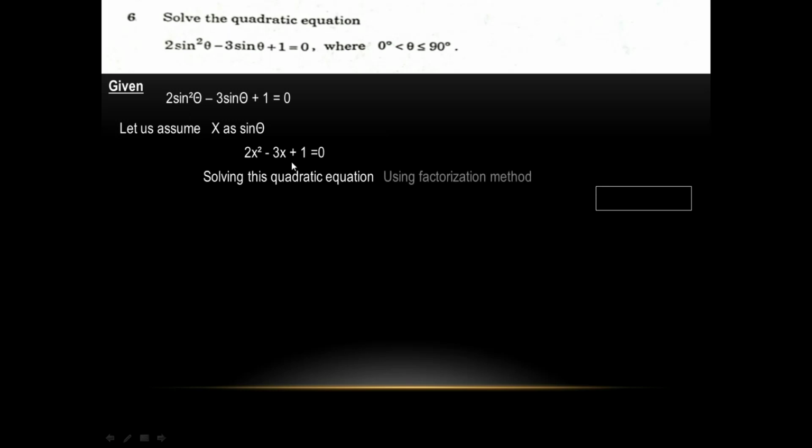Solving this quadratic equation using the factorization method, we need to find the factors. If we multiply the factors, we need to get 2, and if we add the factors, we need to get minus 3.